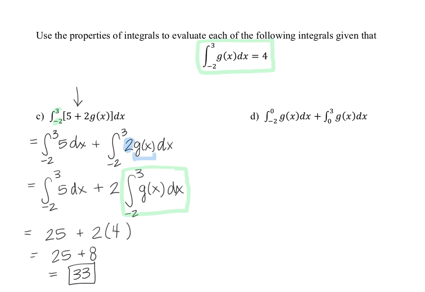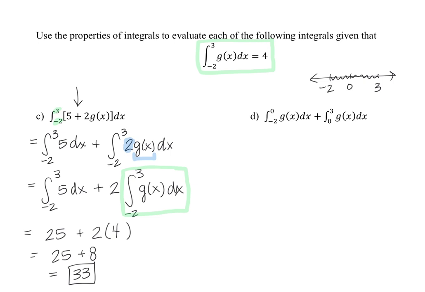Our next example, we're integrating from negative 2 to 0 and then from 0 to 3. So look closely at these limits of integration. If you were to think of an x-axis or even just a number line, we're going from negative 2 to 0 first for the first integral, but then we pick up at 0 and then we finish at 3.